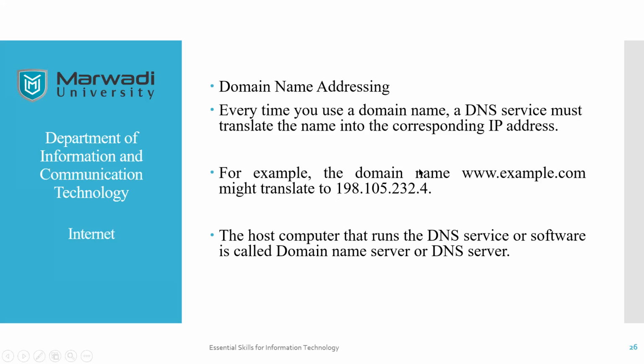Whenever you are creating any website, it is in IP form, so you have to translate your IP address into a particular domain name. The host computer that runs a DNS server or software is called a domain name server or DNS server. Let me give you an example of DNS.